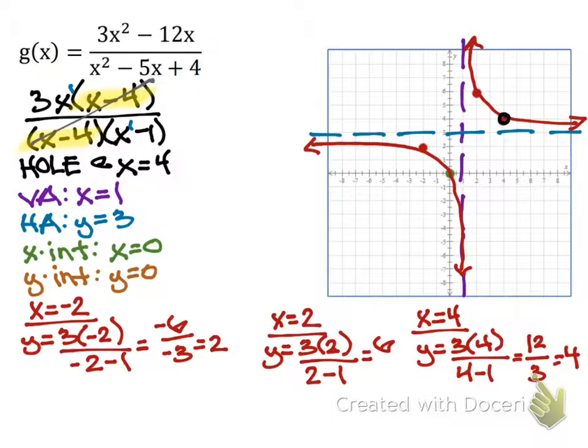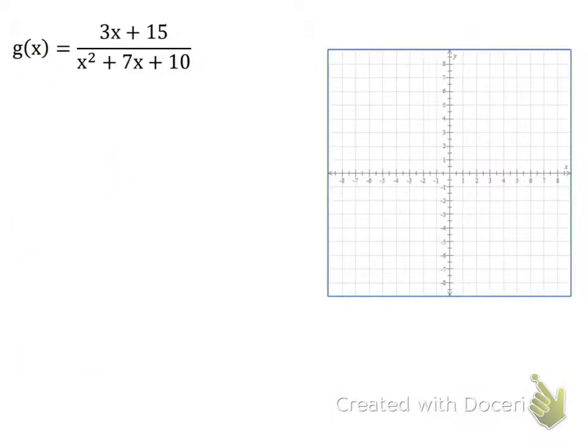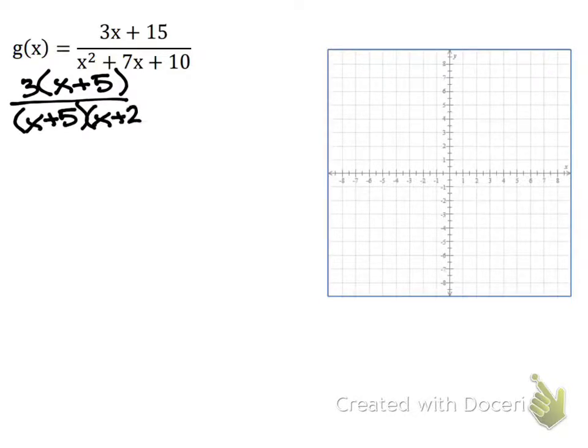Let's look at one more. First, we need to factor. So we will have 3 times x plus 5 over x plus 5 times x plus 2. I see immediately that my x plus 5s will cancel, which means again that I have a hole at x equals 5, which will just be an open circle on my graph.